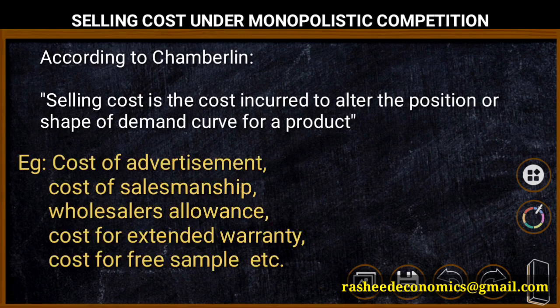Selling cost not only includes the cost of advertisement, it includes the salaries of salesmen, sales girls, and traveling agents, and allowances to wholesalers. The cost for extended warranty or guarantee, the cost for providing free samples, the extra cost incurred for sales promotion methods, all are examples of selling cost.